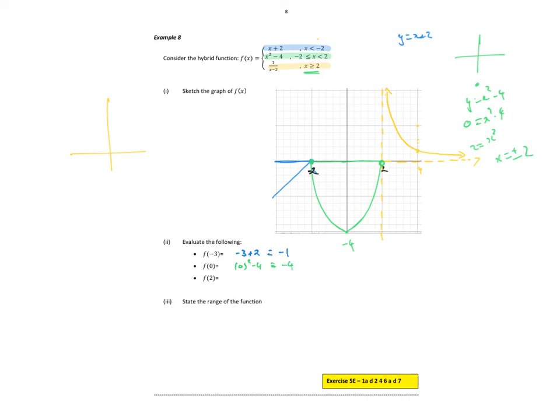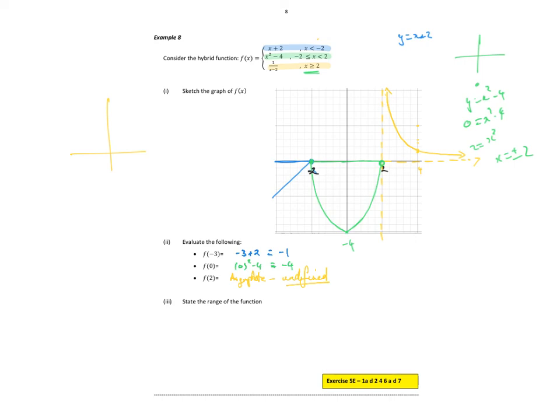And f of 2 fits in the yellow section. And if I put 2 into that graph, it's actually the asymptote, isn't it? So it's the asymptote, which means it's undefined. Okay? So it's a little bit unique, that spot.